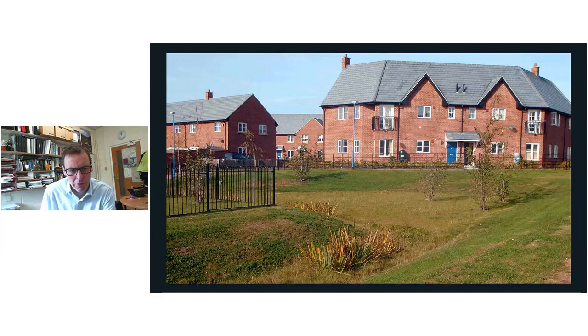Eagle-eyed people will spot that this development also has rainwater butts, which is quite good. If you look at the size of the rainwater butt compared to the size of the roof of the house, it's actually quite small. If the rainwater butt was empty, it would just take a few millimetres of rainfall to fill that up, which is fine.